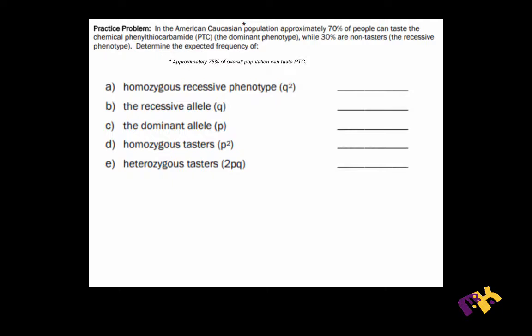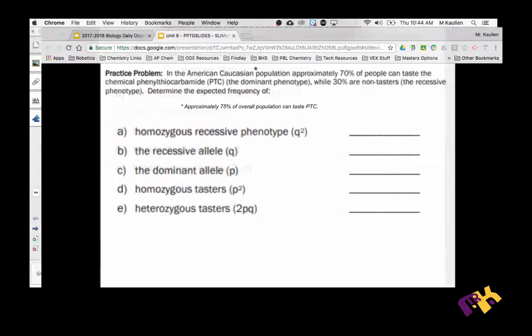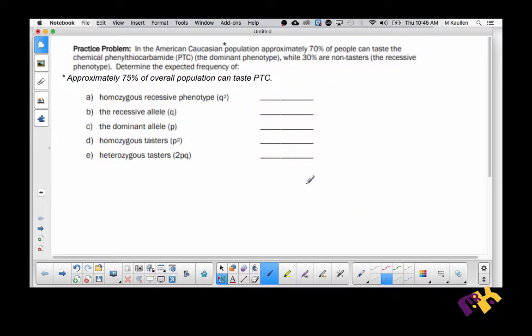If we look at the overall population statistics, it comes out to about 75% of the overall population can taste PTC. So let's hop out of this and do a little bit of work with the Hardy-Weinberg equation. We'll work with what's in the practice problem here, but you can always redo this problem using the overall statistics for the entire population.